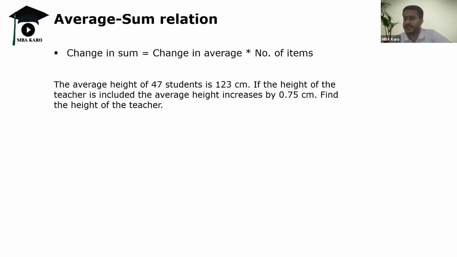Next thing is the change in average and sum relation. This is very important. This will enable you to calculate things fast. We discussed that average is sum upon number of values.